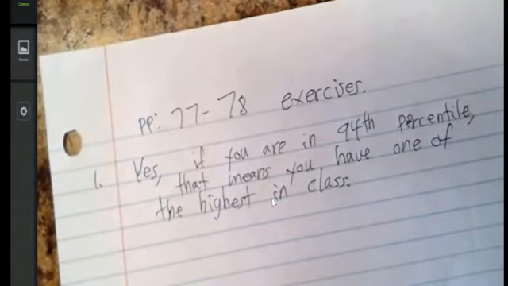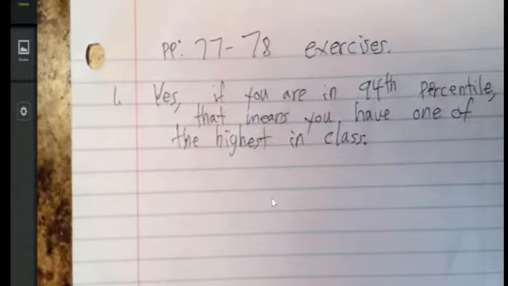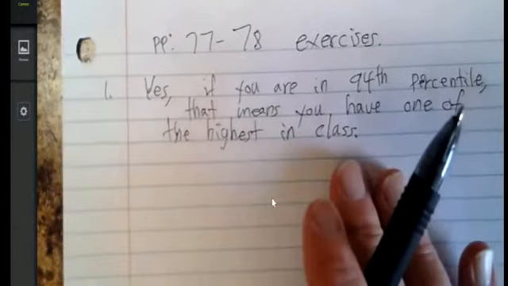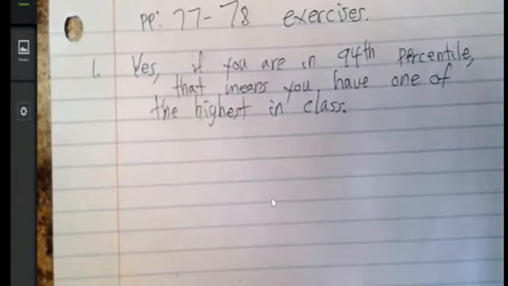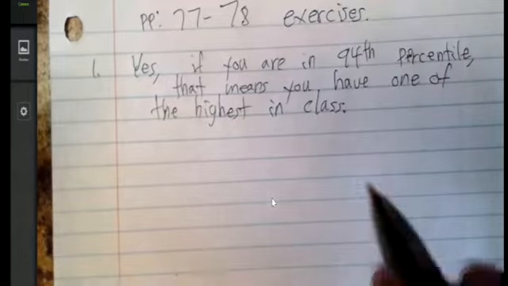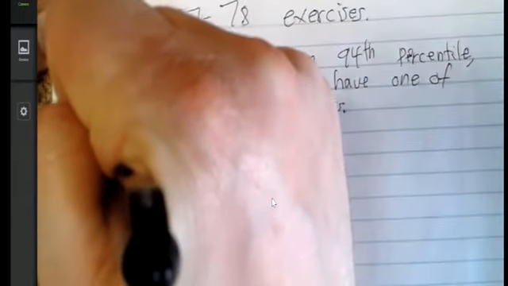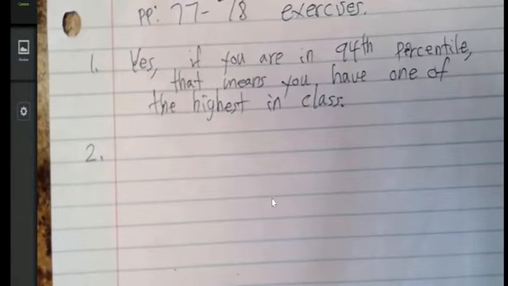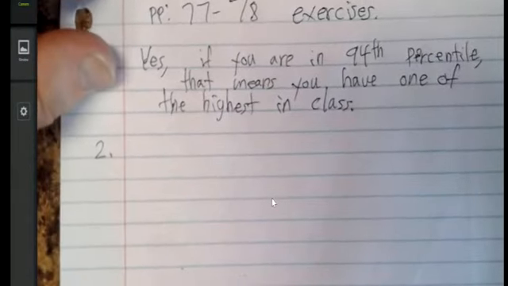Sure, you could be in the 99th percentile with a 55. But you scored as well or better. You're in the top 6%. You scored the same or better as compared to 94% of the people in that course. If there's 100 people in the course, then 93 of them got a mark that's less than yours. That's pretty good.